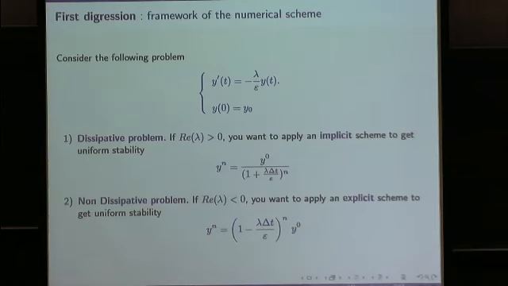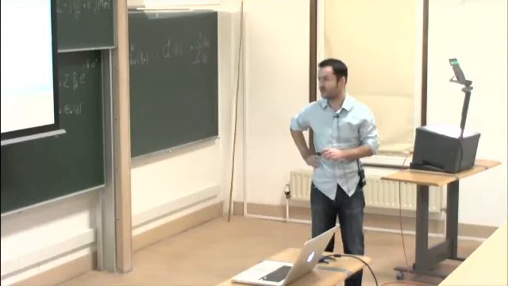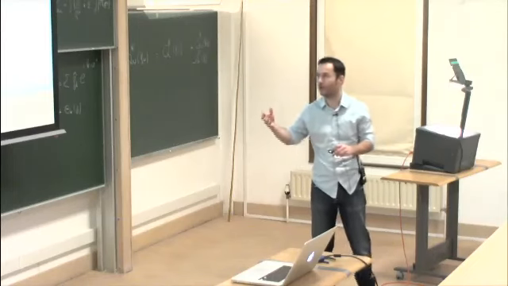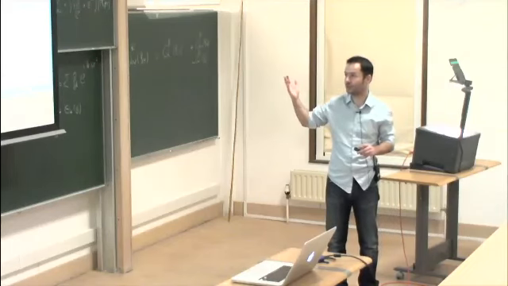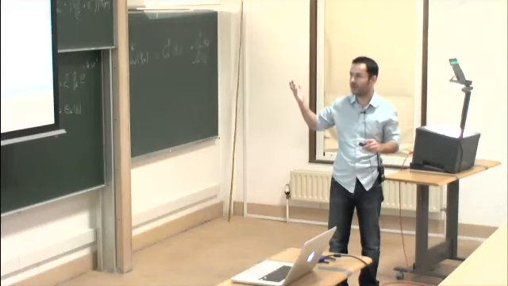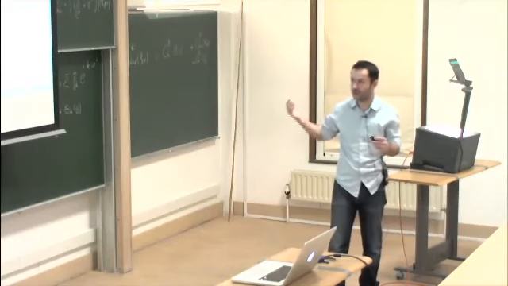If you apply an implicit Euler, the numerical solution is given by this. Your solution is stable, and it has the same behavior as the exact solution when epsilon goes to 0. It converges to 0.